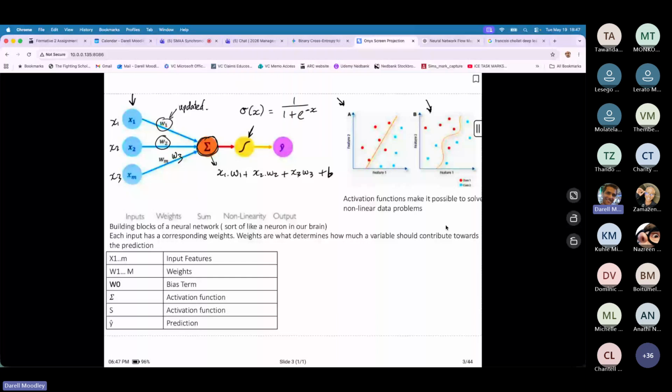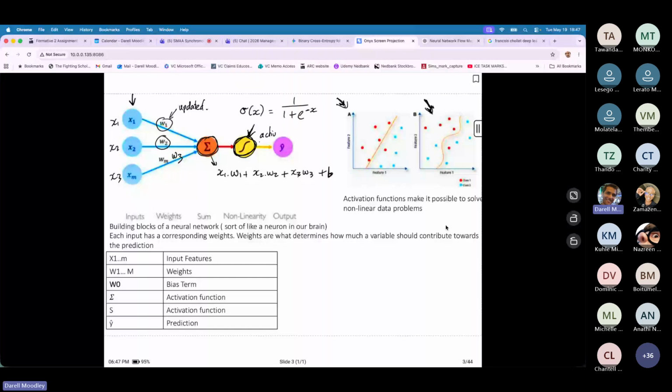Now, what this part is, and this is kind of the huge advantage of a neural network, is what makes it able to predict nonlinear data like this. It allows it to separate data that doesn't really separate using a straight line. And this is what we call an activation function, right? You may have heard this term, but activation functions are what enable neural networks to handle nonlinear data.